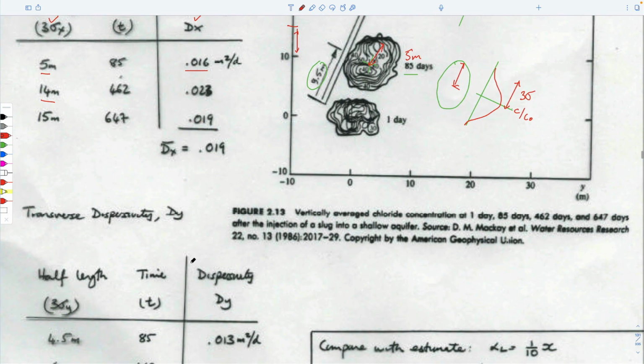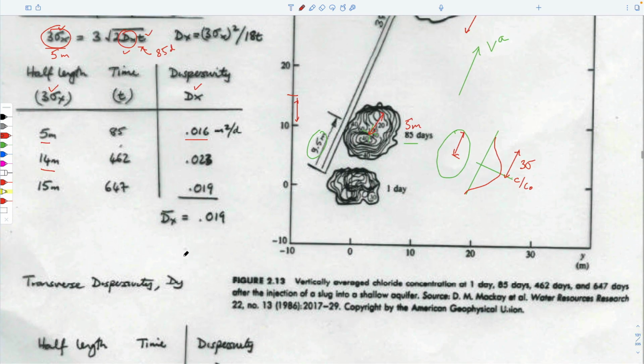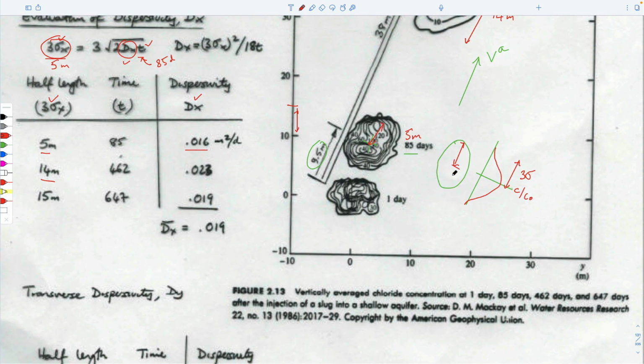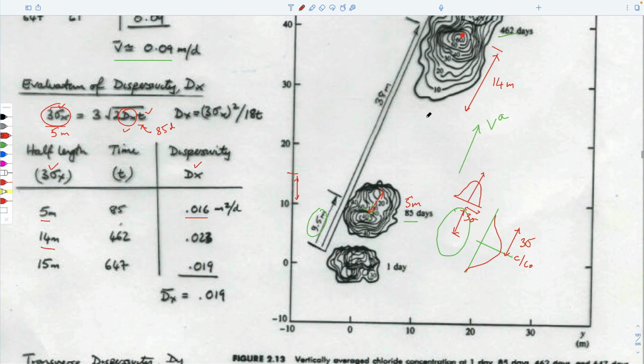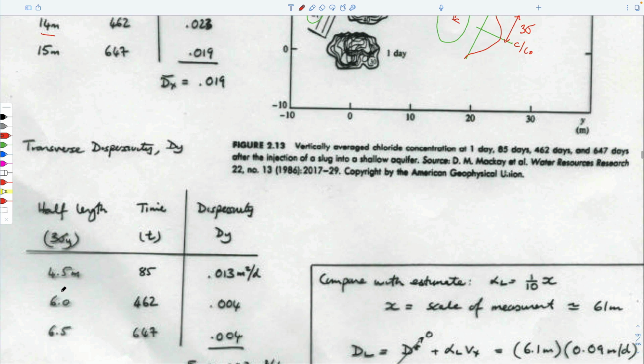And if we wanted to, we could do that for the transverse dispersivity. So if this is a plume in this direction, we could also look at the plume as this. This would be 3 sigma in this direction, which would just be this width here, which I guess is 6 meters from this.